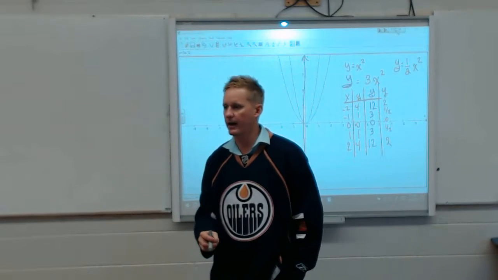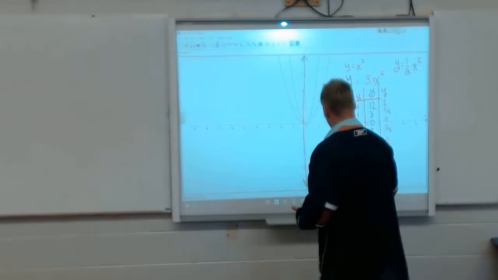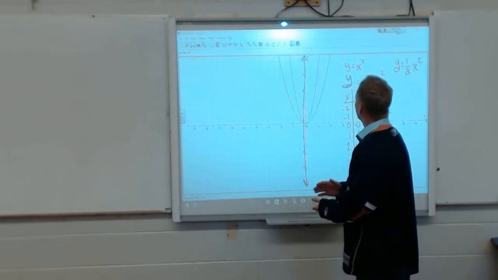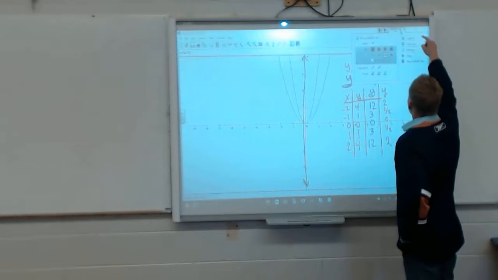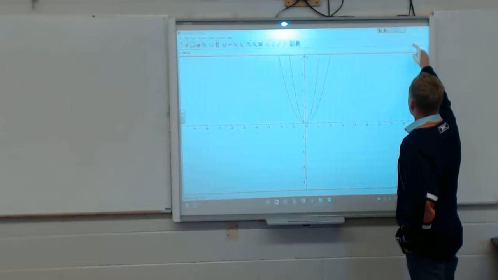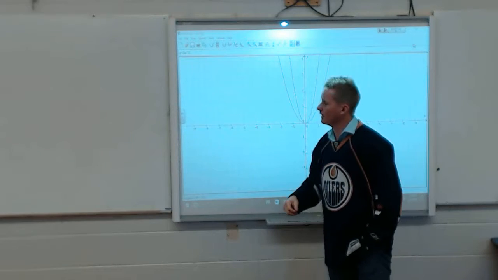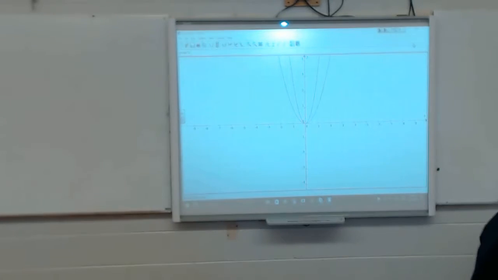Right? Okay, so I'm going to jump ahead here a little bit. Let's see if I can do this. That's clearing. Beautiful. Okay? So now what I'm going to do is, I said that the general equation was y equals ax squared.